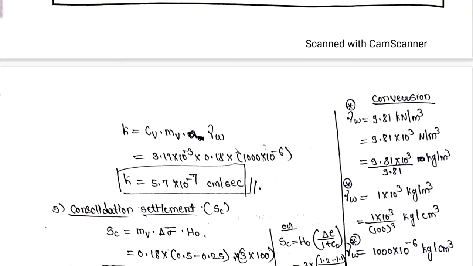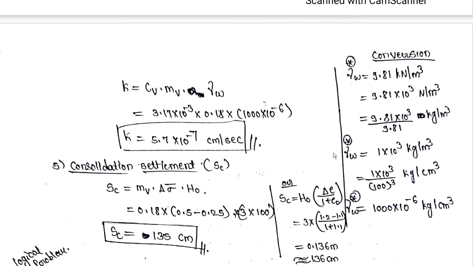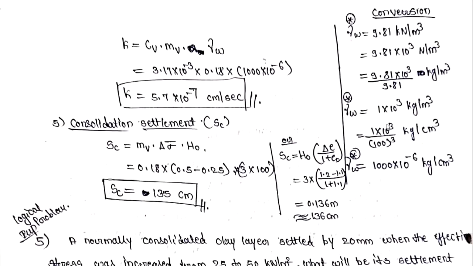This is very important. Why have I considered it as 1000 into 10 to the power minus 6? Because mu w is equal to 1000 kg per meter cube, or else 1 gram per cc.